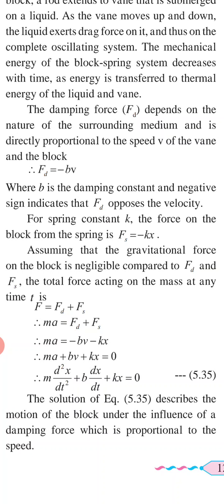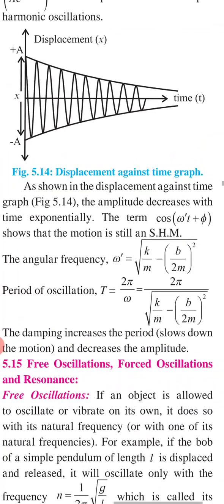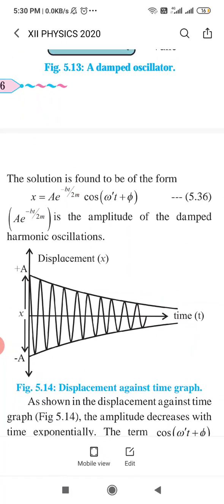That is your required equation, and the solution of this equation, 5.35, describes the motion of the block under the influence of a damping force which is proportional to the speed. You can see this equation.